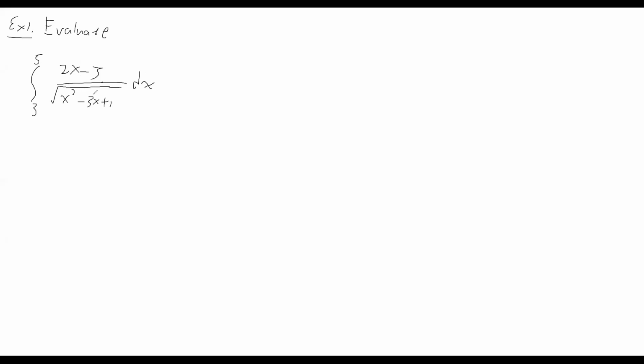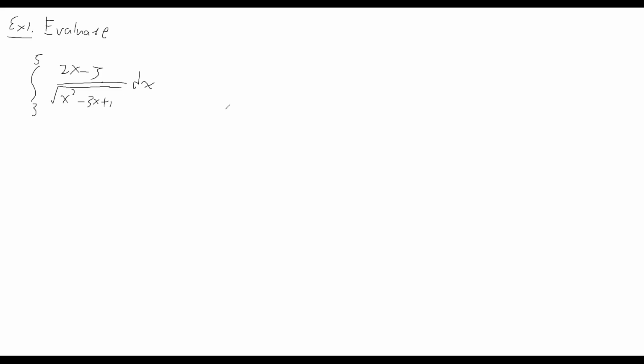But one thing you can look for is any relation between the numerator and denominator. If you look at the quadratic within the radical, the derivative of that is going to be the numerator.